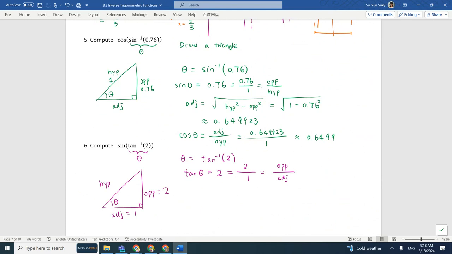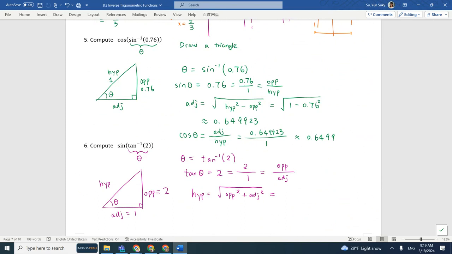How do you find the hypotenuse? The hypotenuse is the square root of the opposite squared plus the adjacent squared, because the hypotenuse is the longest side.